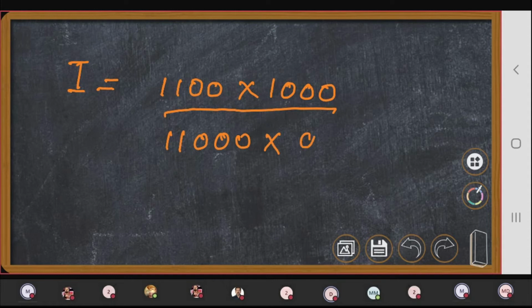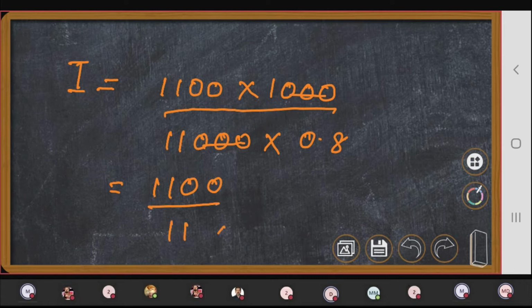Power factor is 0.8. Zeros cancel down. 11 divided by 11 into 0.8. So you may get current as 125 amperes.